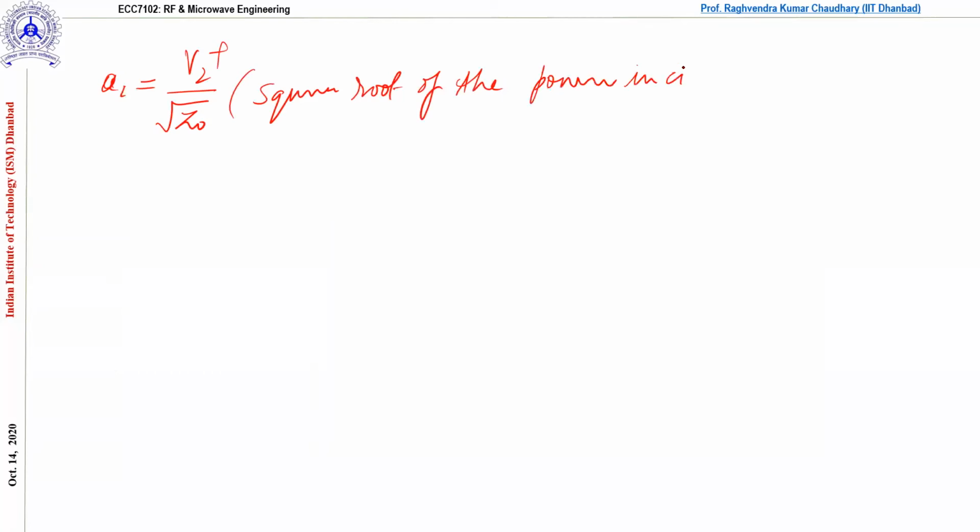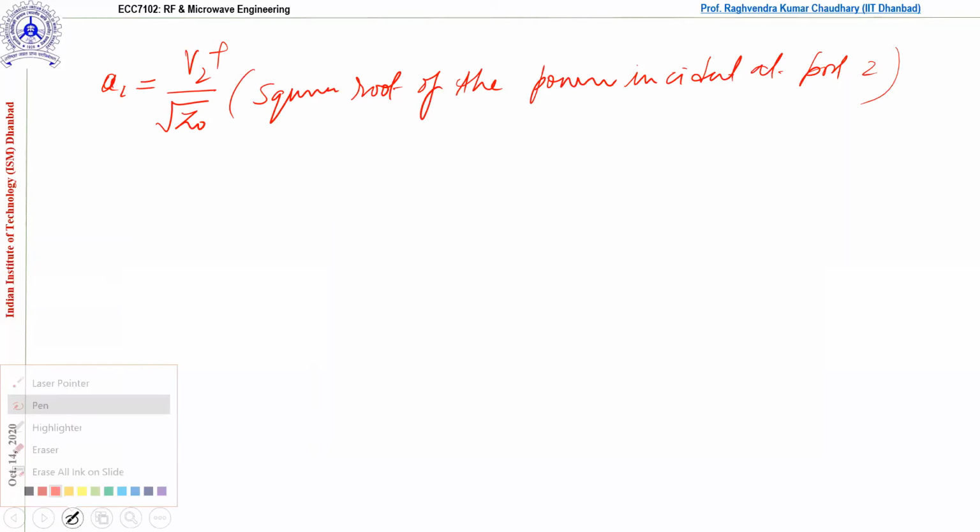In a similar way, the other can also be defined. What is a2? a2 is V2 plus over root Z naught, the square root of the power incident at port 2.